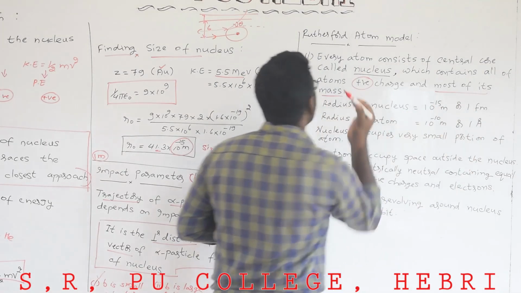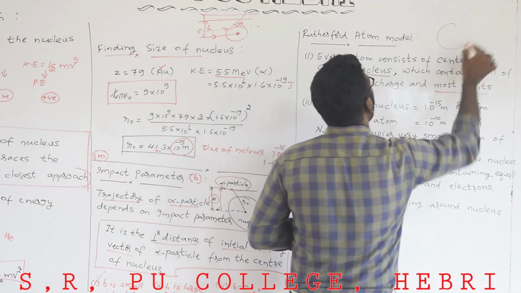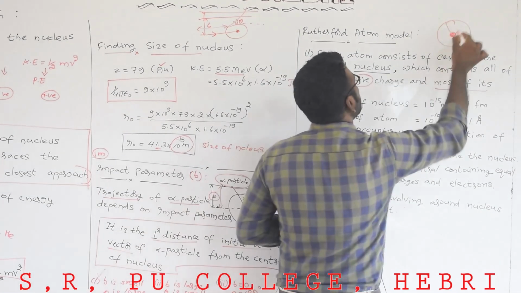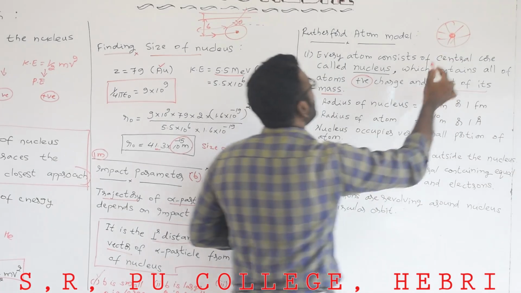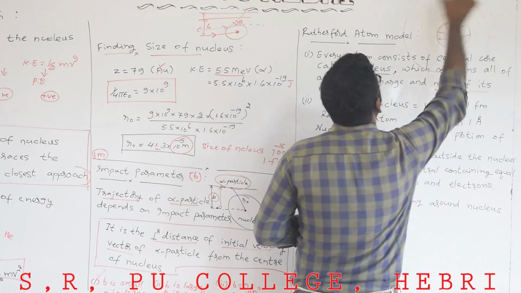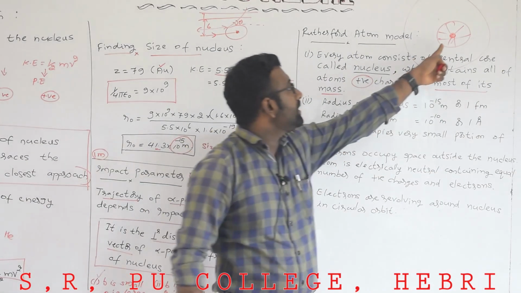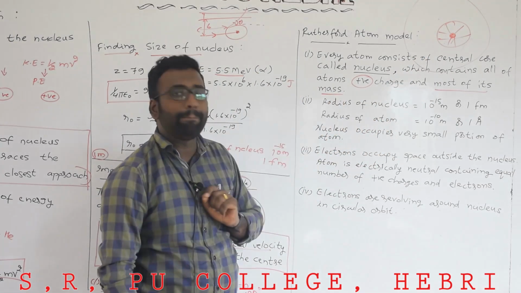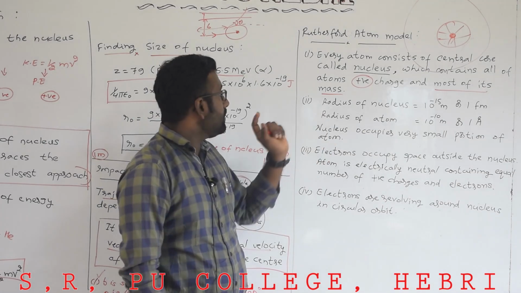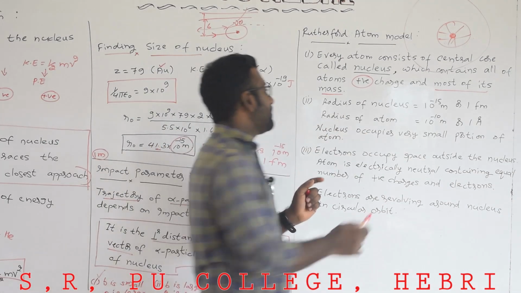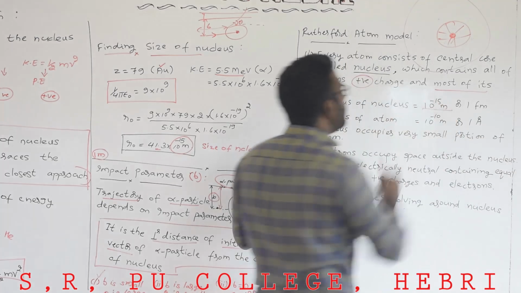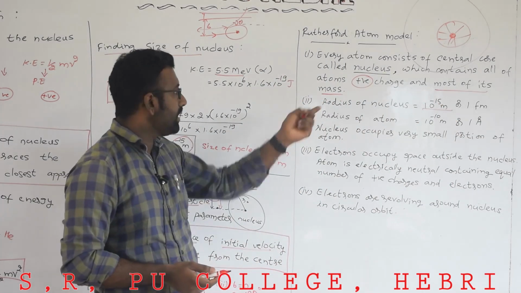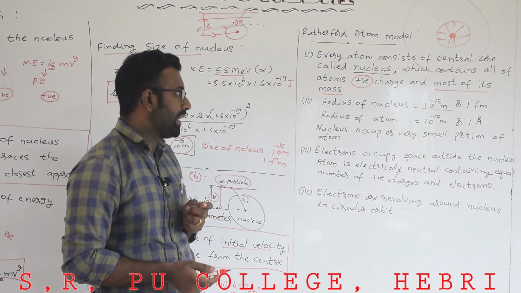So if this is an atom, the nucleus contains almost all the positive charge and most of the mass. The second point, the radius of the nucleus, is of the order of 10 to the power minus 15 meters.